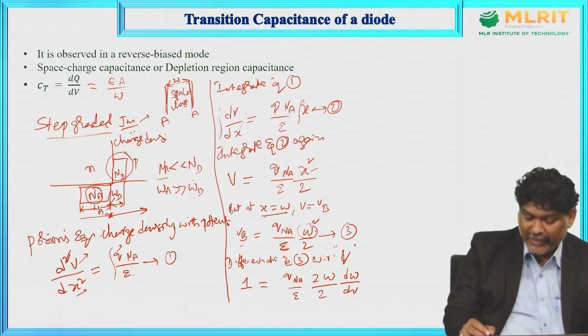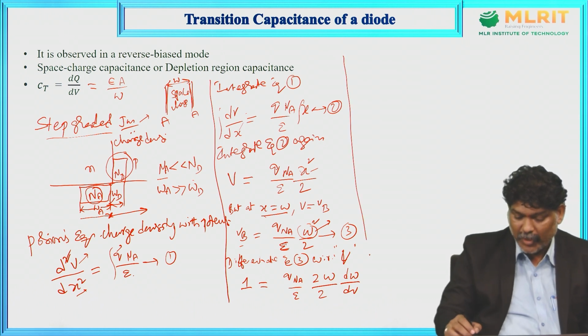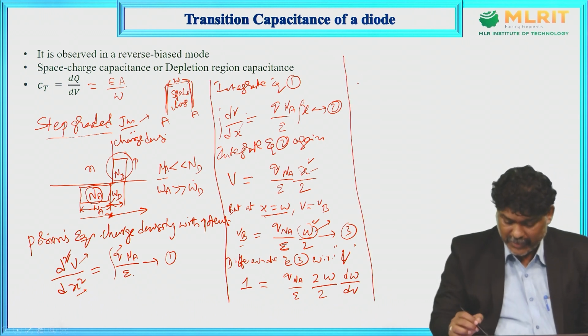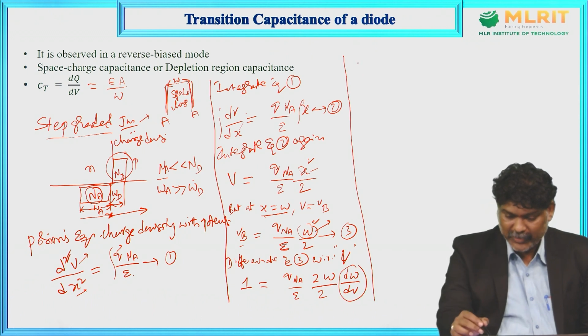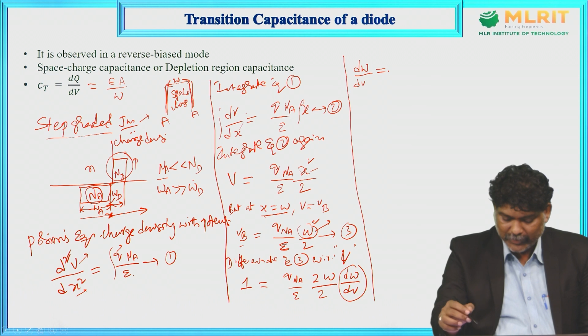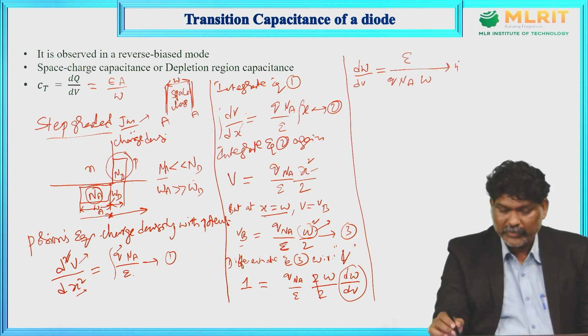So we get 1 equals QNA by epsilon into W dW by dV, as the 2 gets cancelled. I want this dW by dV, and I will explain why later. So dW by dV becomes epsilon by QNA into W. Let it be the fourth expression.